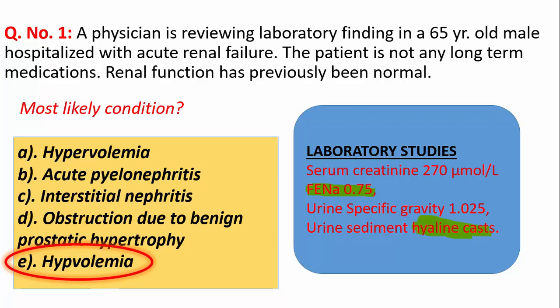Acute renal failure, as I have already told, has pre-renal, renal and post-renal causes. So when we approach the patient, we take a history including all non-prescription and prescription drugs, and do a careful physical examination, paying attention to the volume status.